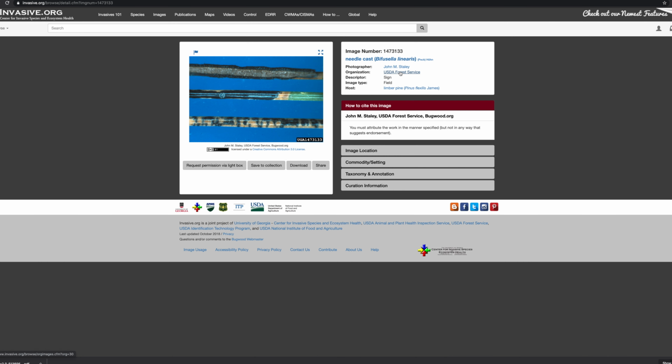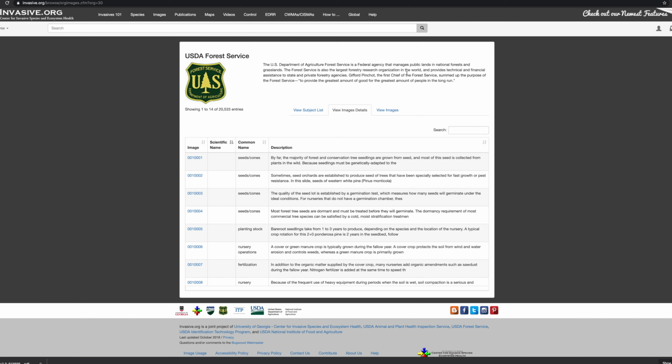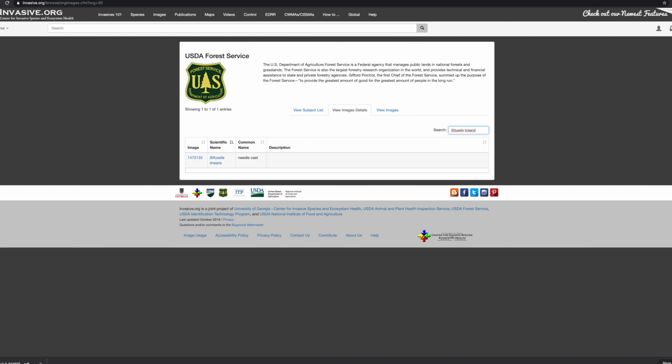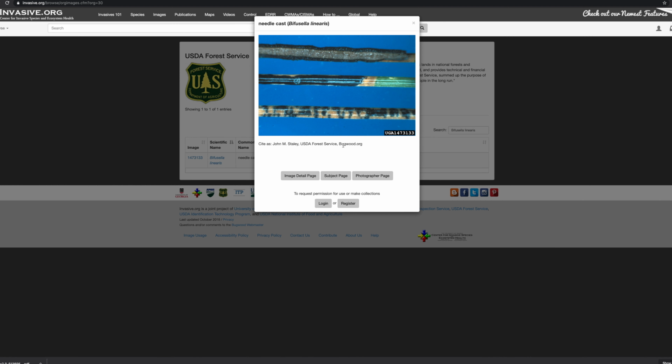We have the USDA Forest Service, let's try to see if they have our species. Here they have a picture of the needles of the pine, and you can see the spots which belong to the fungi.